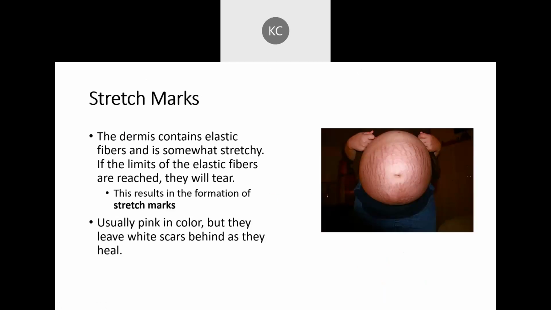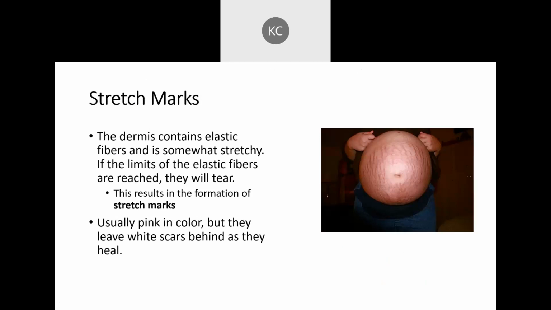Okay. And then the last associated thing is stretch marks, right? We've all heard of stretch marks. This occurs when you have a very rapid increase in weight, a rapid increase in the distension and stretch of the skin, that actually tears and causes the elastic fibers to burst.